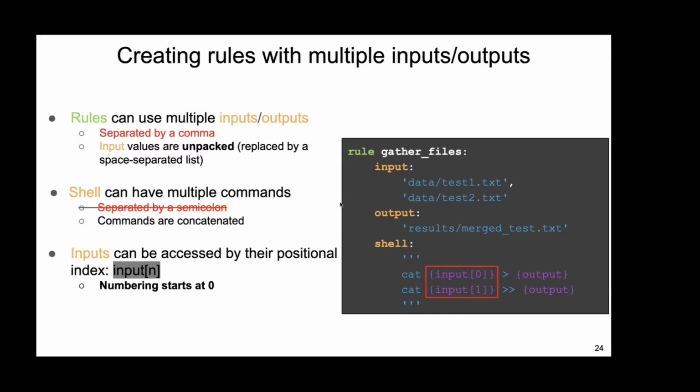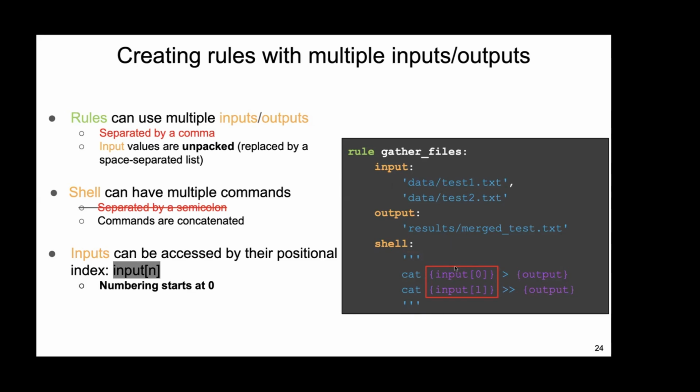And the part that is also important, of course, is that once we have multiple inputs or outputs, for example, it could be the case that the different commands that we have in the shell directive need to access those independently or separately. And for that, we have two different ways to refer to those.